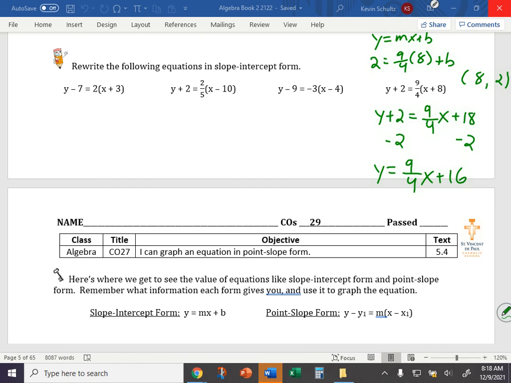And this is, like I said, something we'll get into more tomorrow, but just as a preview: if it's y plus 2 equals 9/4 times x plus 8, what ordered pair is this equation telling us is on the line? Christopher: It's -8, -2. The actual ordered pair is -8 and -2, right?